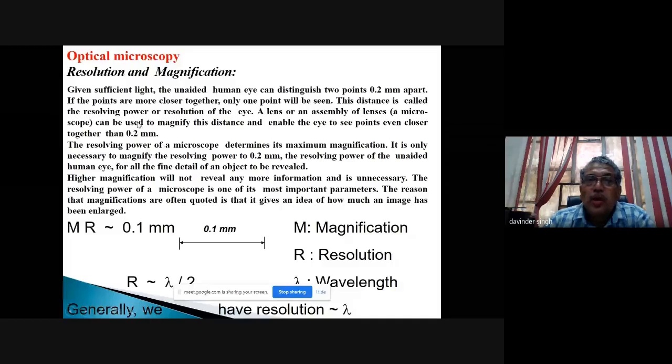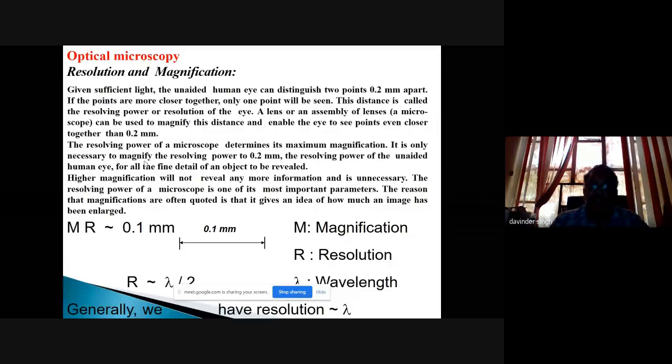I hope you understand that with our naked eye, we can resolve objects up to 0.2 mm apart; that is the limit. To go to the lower side, we have to magnify the image, but magnification alone is not sufficient. If the resolution is not proper, we cannot observe.